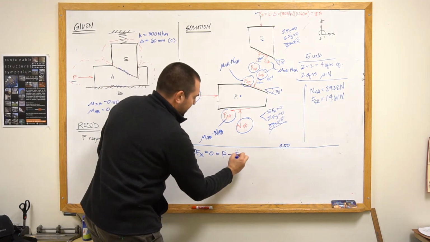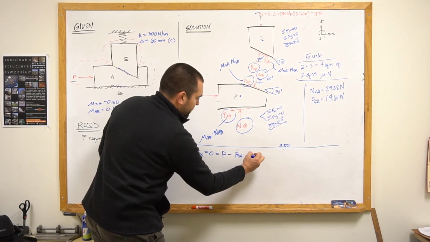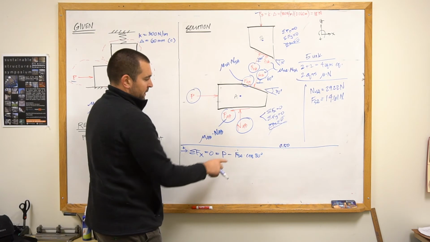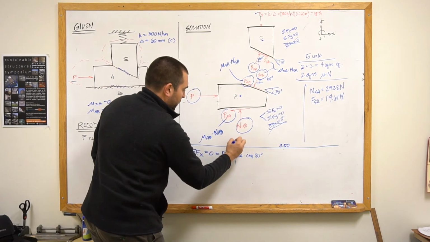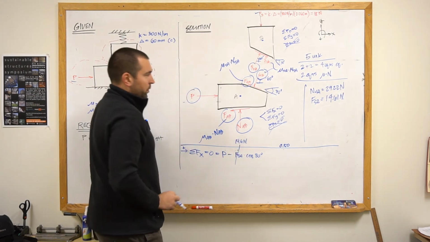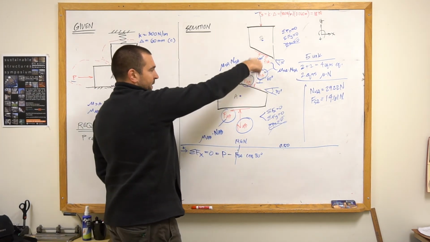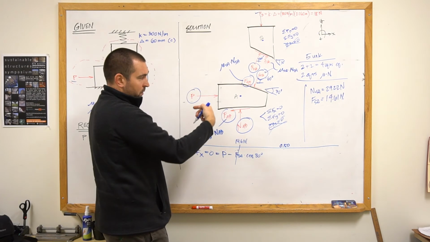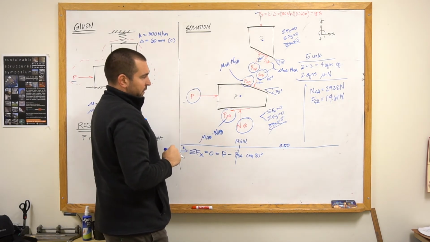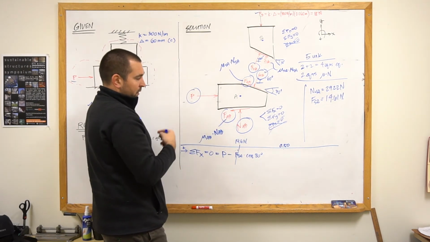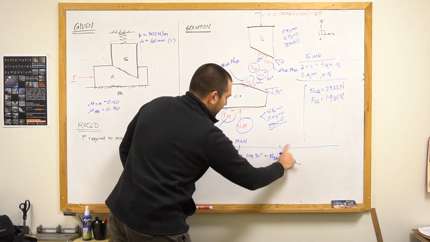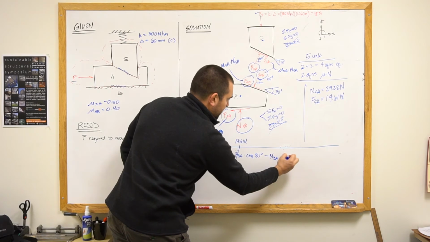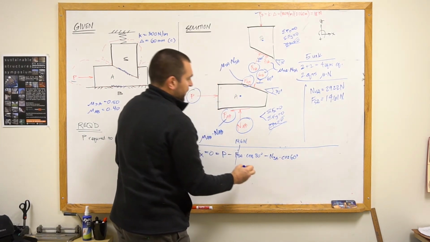So minus FSA times cosine of 30 degrees. Again, I already know what FSA is. I calculated it up above, so that's 14.61 newtons. NSA, that normal force, is also going to have a horizontal component that I'll get by cosine of 60. It's also pointed in the left direction, so it'll be negative. So minus NSA times cosine of 60 degrees.